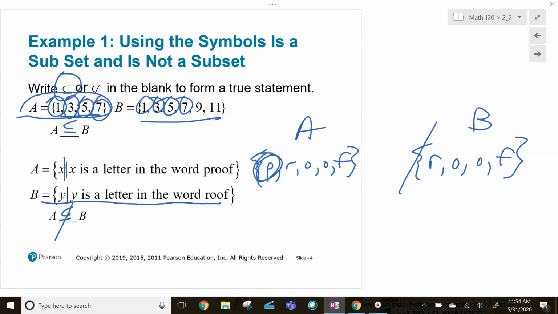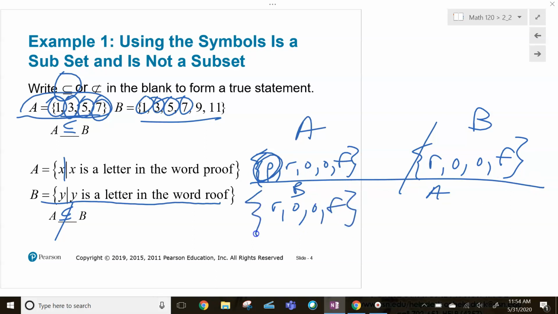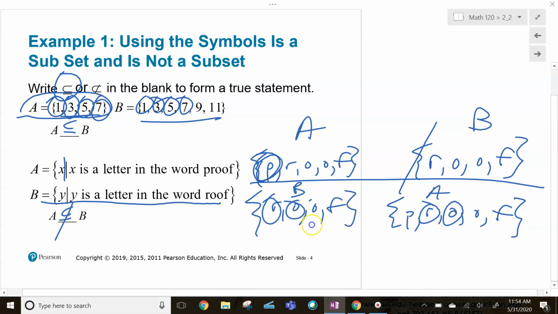Now, if it was the other way around, if we had B, the question is, is B a subset of A? Is every element in B in A? R is in set A. Yep, there it is.